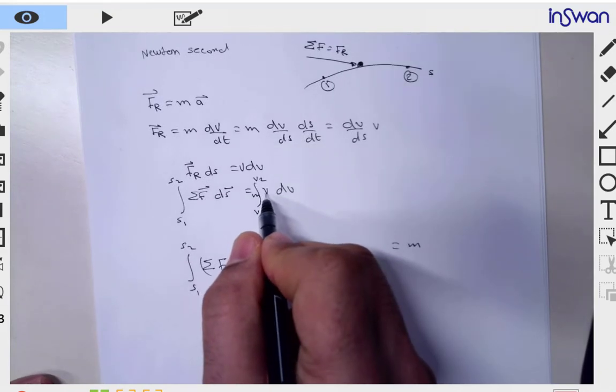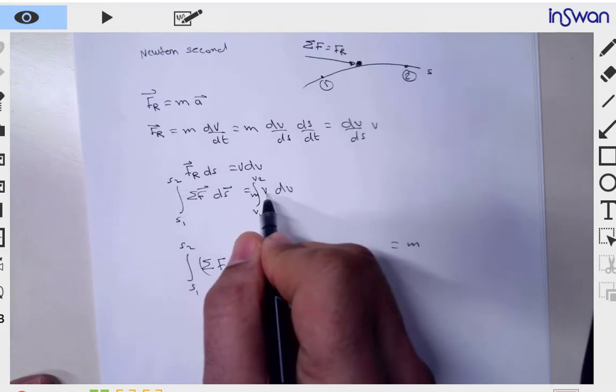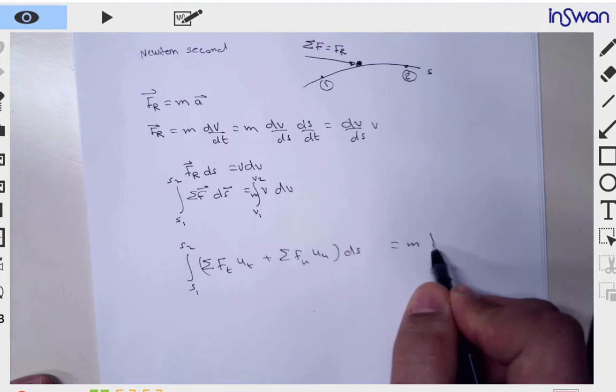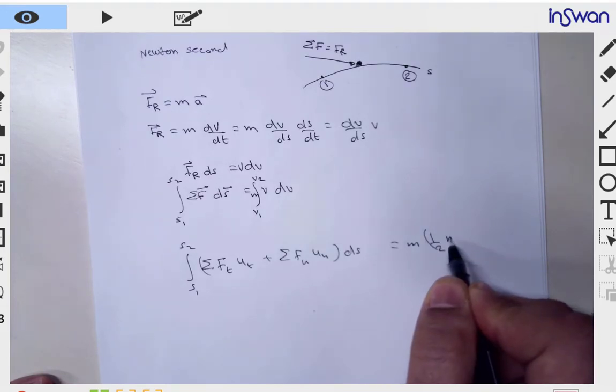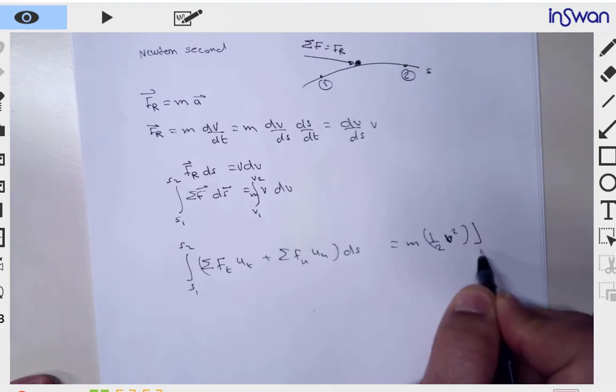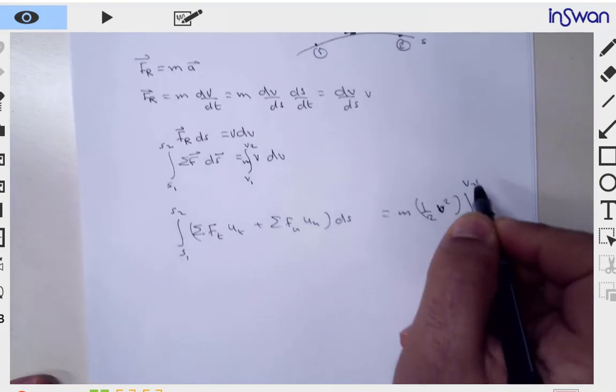Now the velocity dv is simply equal to half v squared from v1 to v2, right?